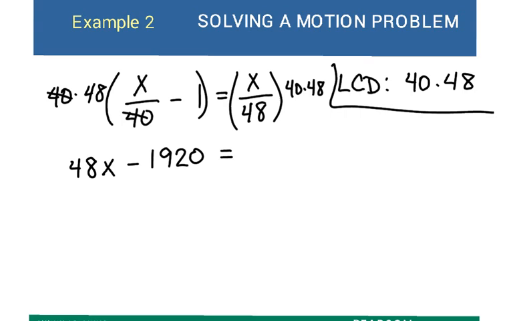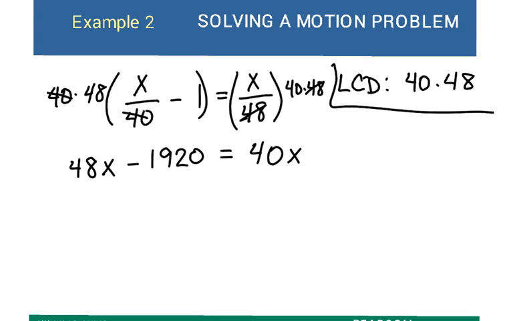And now, on the right side of the equation, the 48's end up canceling, so we end up with 40x on this side. Now no fractions to deal with, and we simply solve for x.